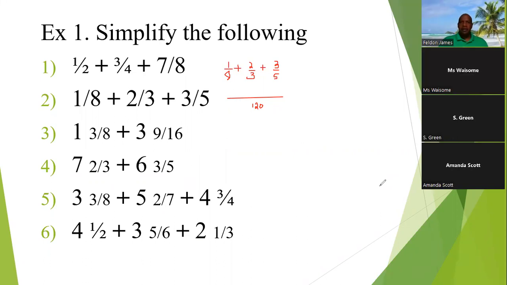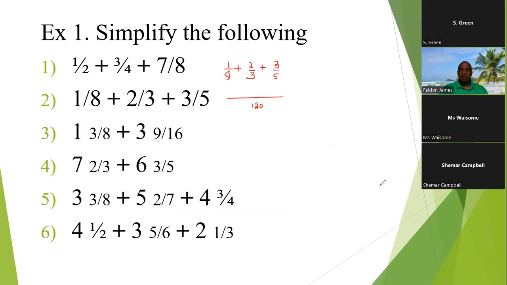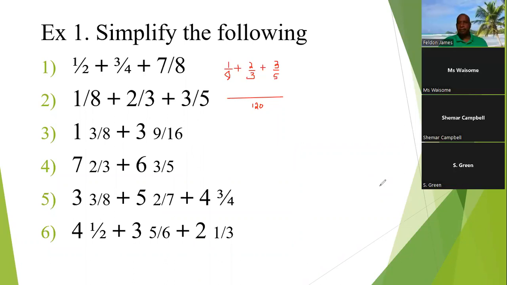Okay. Now for the first question, you could easily look at the numbers in the denominator and decide which is the LCM. Now, when we find the LCM, not all the time are you able to just look.